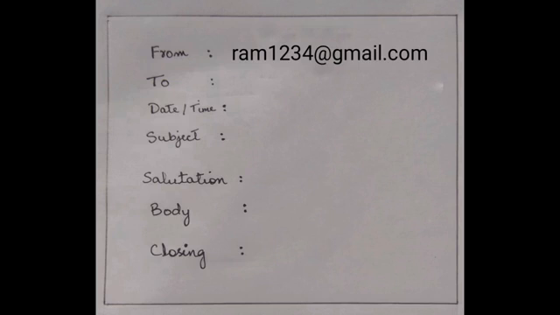So it is very crucial that you mention the sender's address and receiver's address along with their email address. Please keep in mind that, from and to, you have to write down the entire email address of the person sending it and the person receiving it, which you will see in the sample.